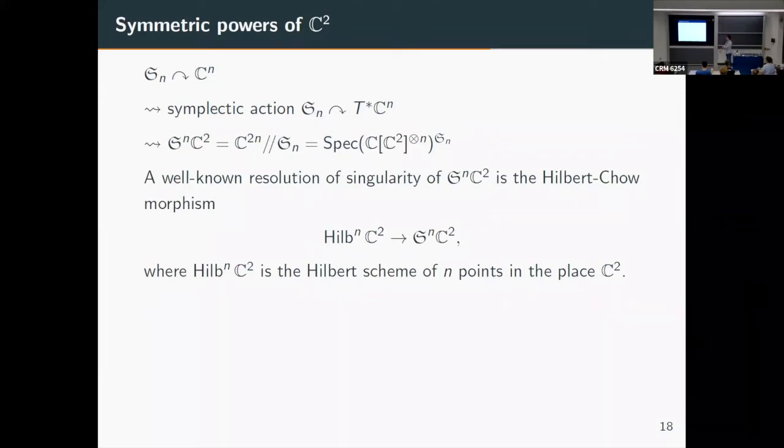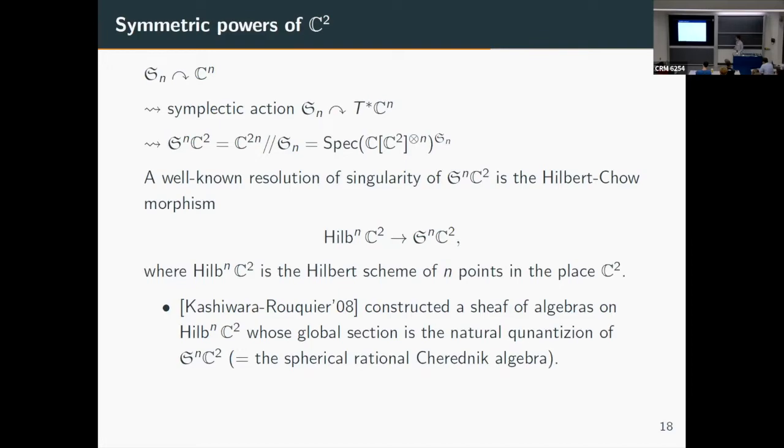So this singularity can be resolved by considering the Hilbert scheme of n points in the plane. And Kashiwara and Rouquier constructed a sheaf of algebras on the Hilbert scheme, which quantizes this symmetric power of C^2. And the global section of the sheaf is equal to the spherical part of the rational Cherednik algebra associated with S_n.